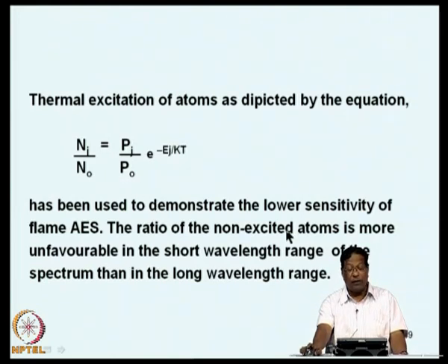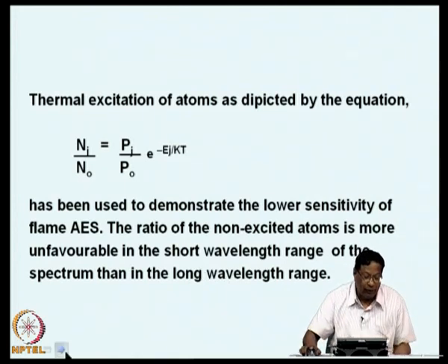So, the ratio of the non-excited atoms is more unfavorable in the short wavelength range of the spectrum than in the long wavelength range. This also we had discussed earlier.